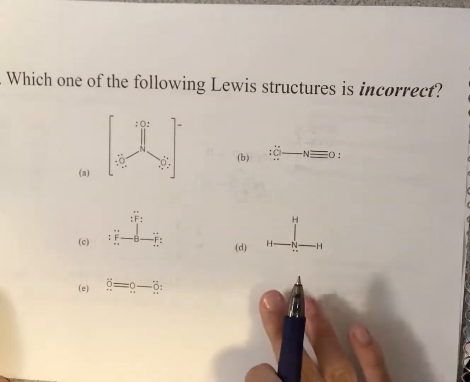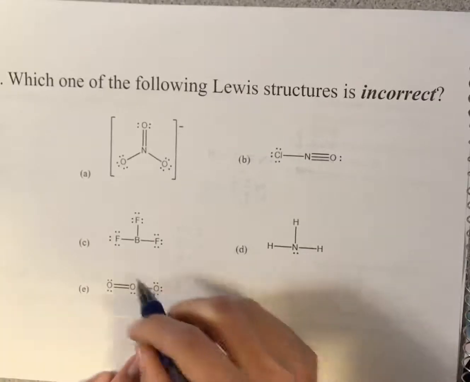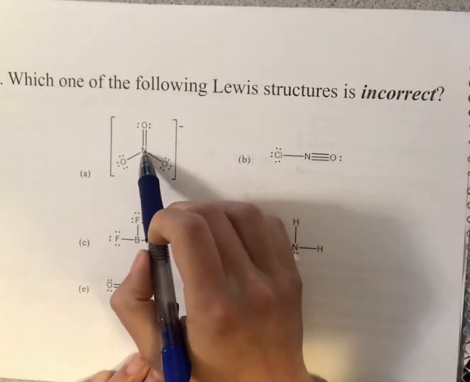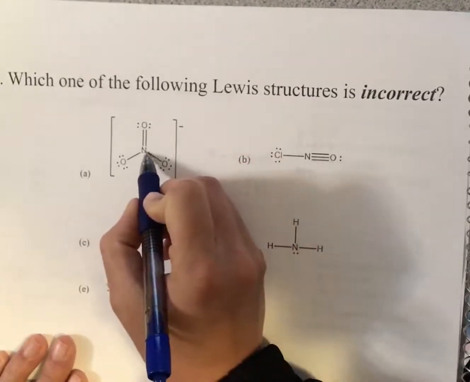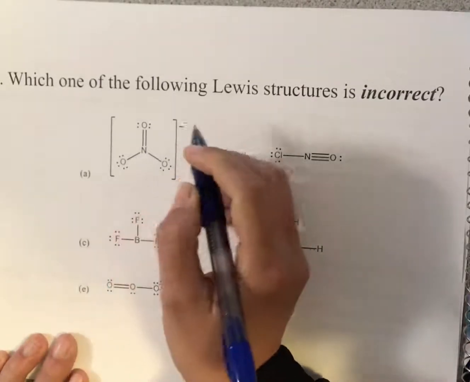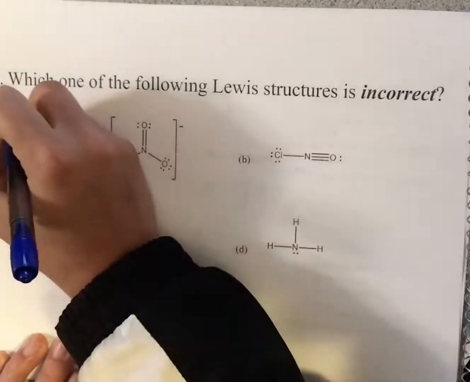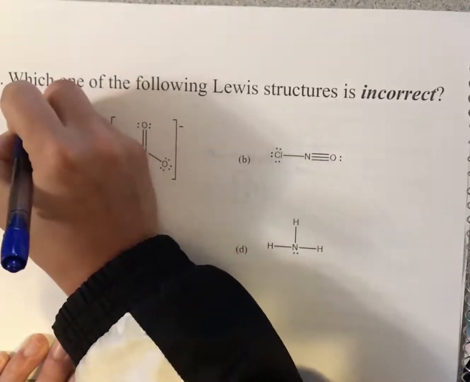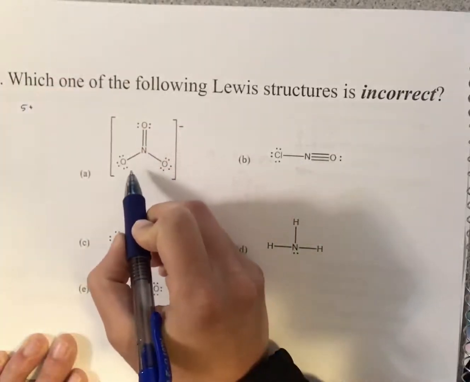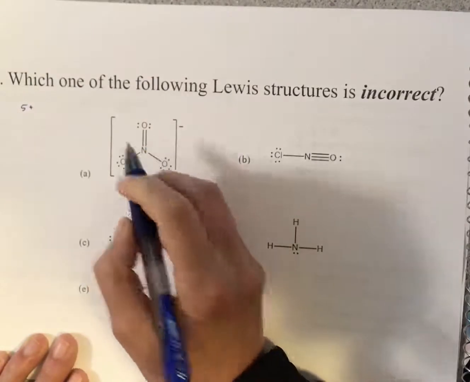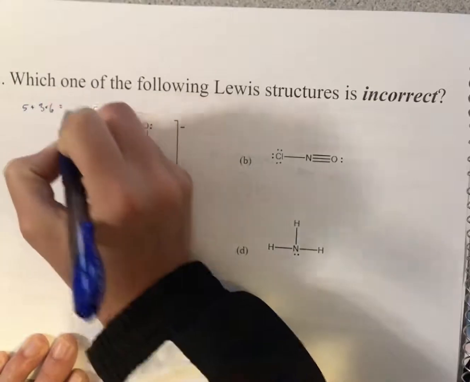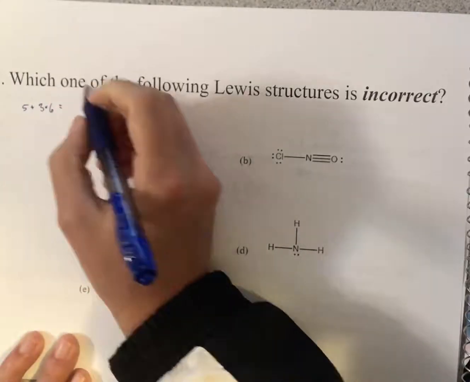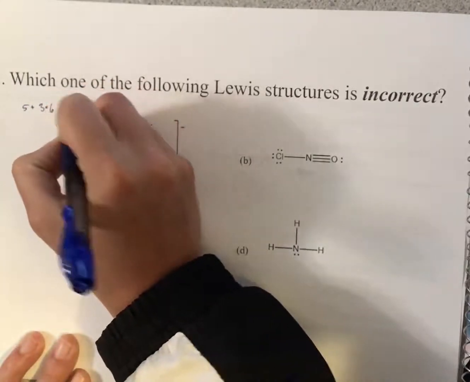So for this first one, A, we have nitrogen and we have 3 oxygens. So we'll have 5 valence electrons plus 3 times 6, which is 18 plus 5, so we should have 23.